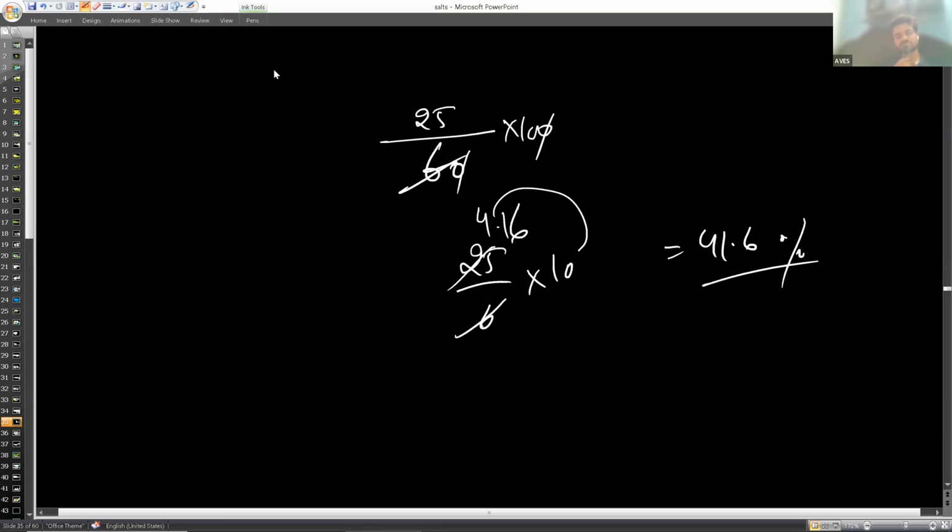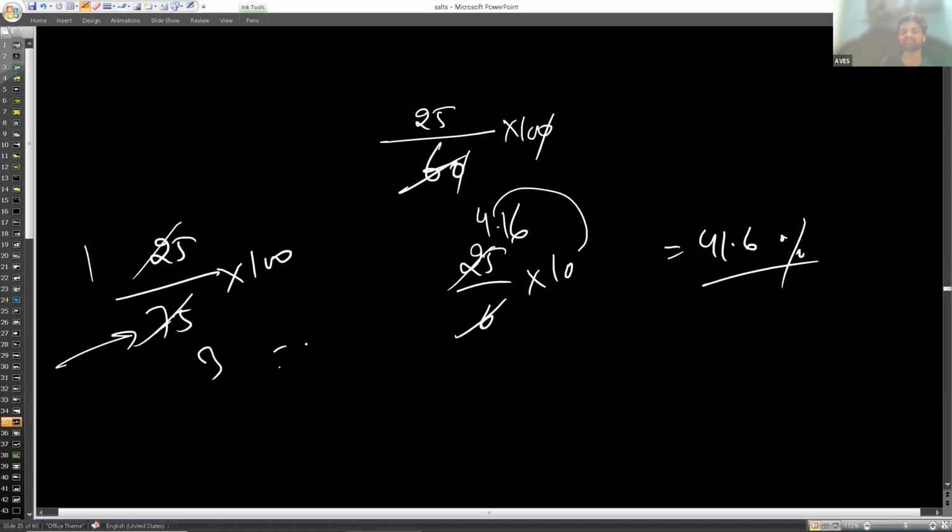I think mass by mass percentage 25. That is simple. You have to add 25 upon 75 into 100. That is the mass of solution, not the mass of solvent. So you cut it, you will get 1 by 3. It is 33.33%.